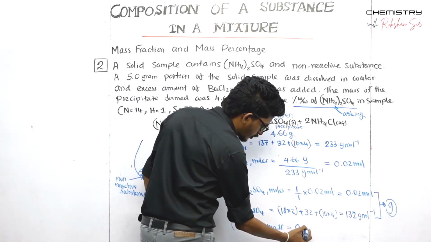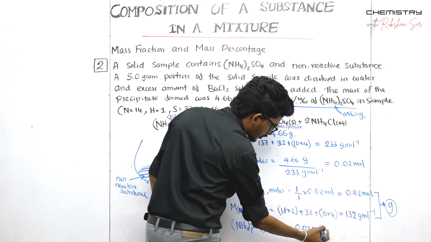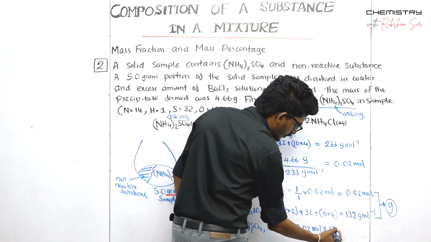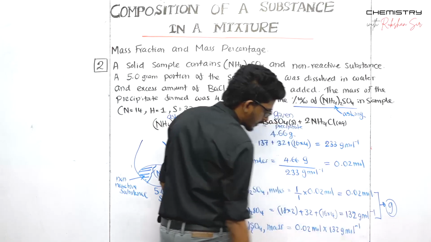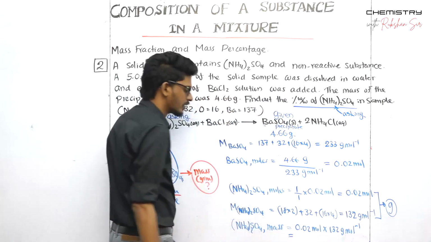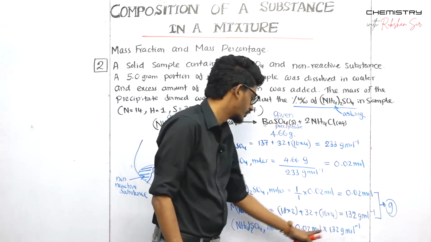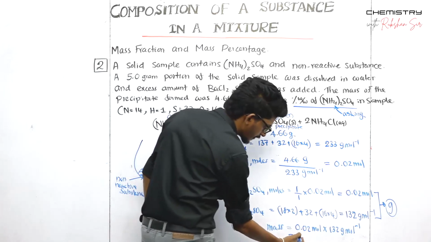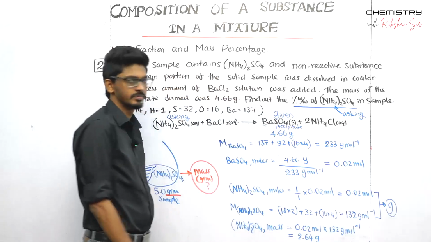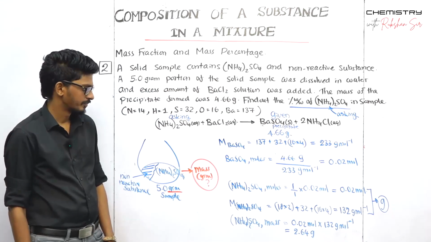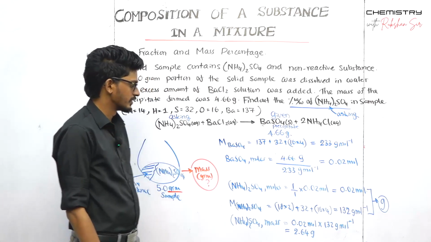So 0.02 moles should be multiplied by 132 g mol^-1. So the value is going to be 264 with 2 decimals, so 2.64 grams. Right, now we'll complete the question.